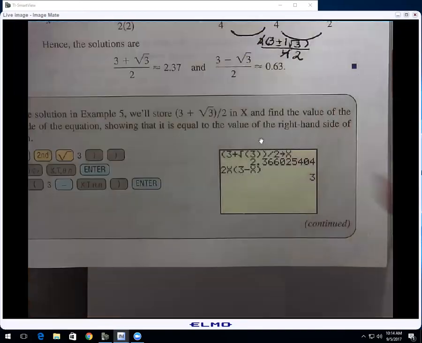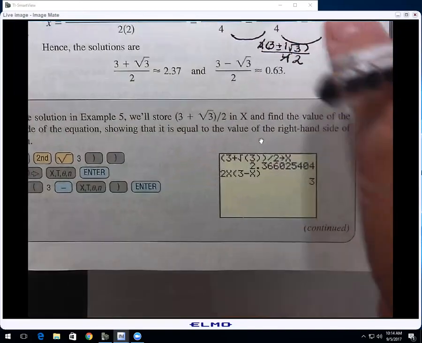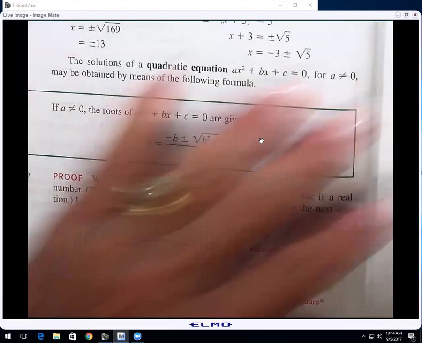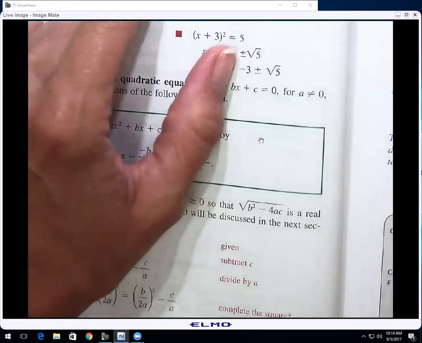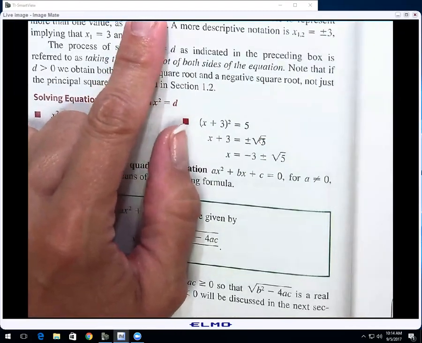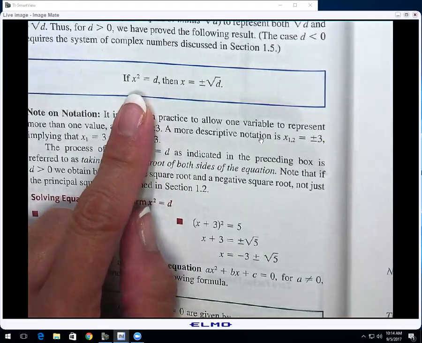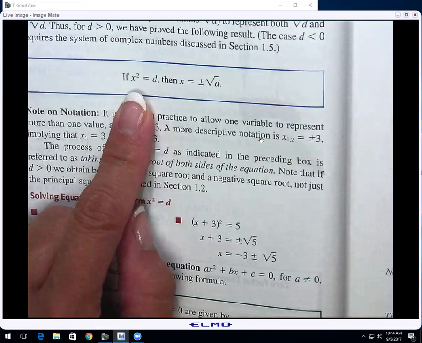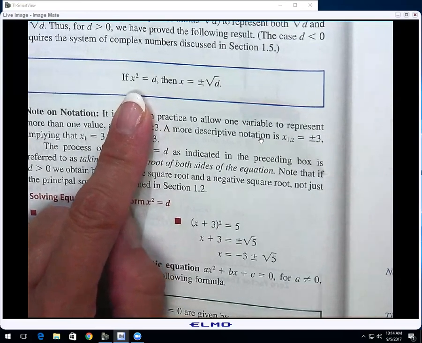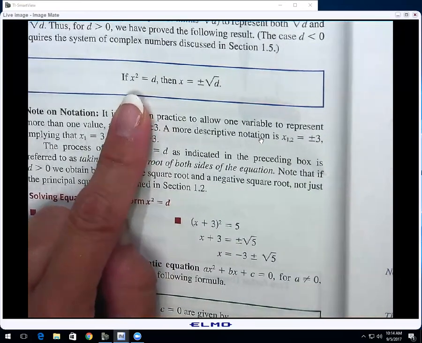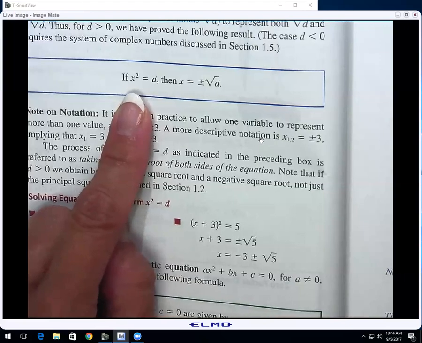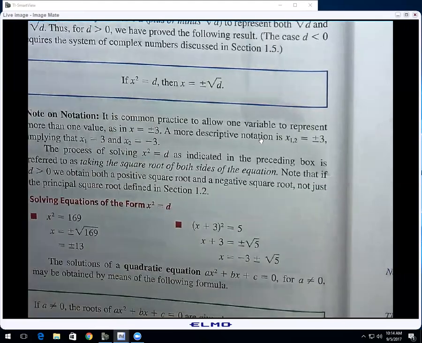The second method is the square root method. On page 46, the blue box at the top of the page says if x squared equals d, then x is the positive or negative square root of d. Let's put some numbers in there so we can figure out exactly what that's saying.